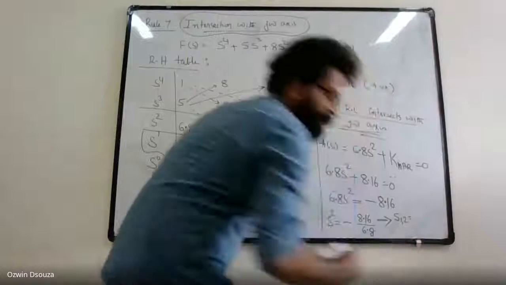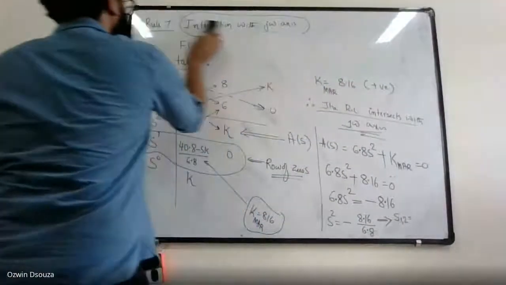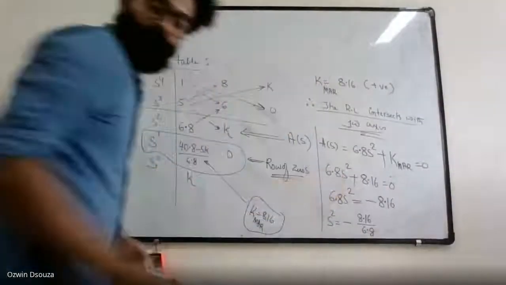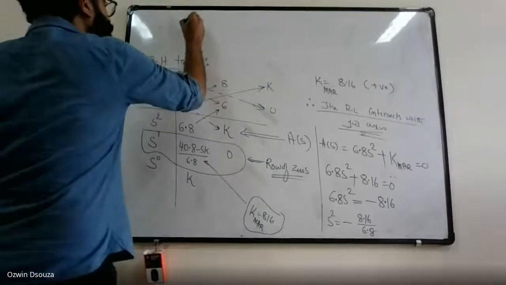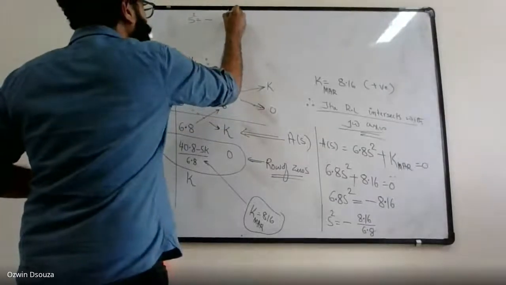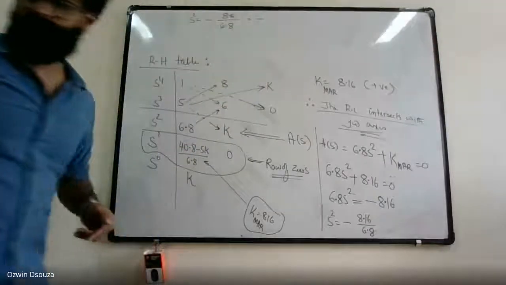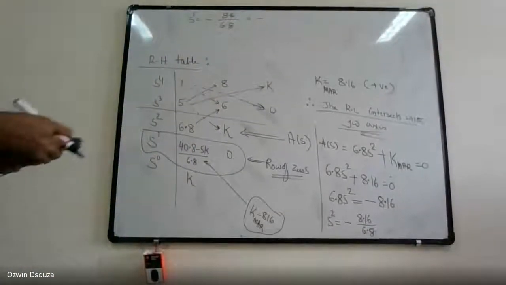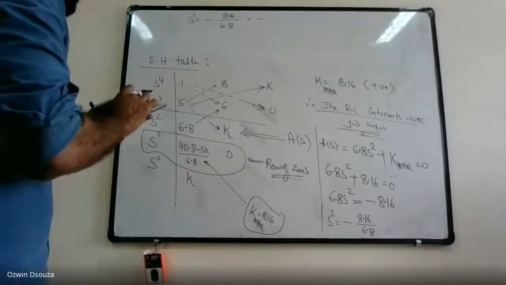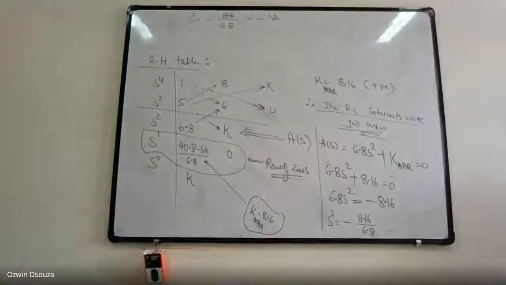Nevertheless, let me write it here. We got s square as minus 8.16 divided by 6.8. Let's take the ratio: 8.16 divided by 6.8 is 1.2, so it is minus 1.2.